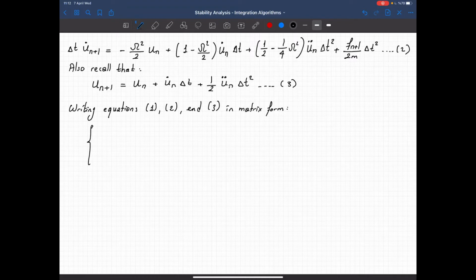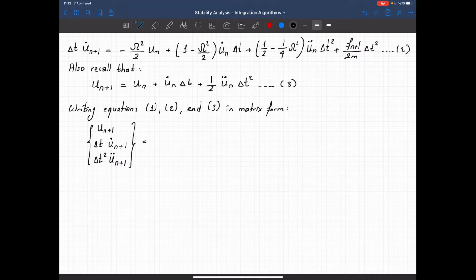Here I have u n plus 1, delta t u dot n plus 1, delta t squared u double dot n plus 1.